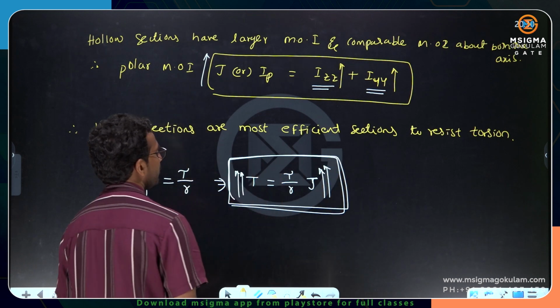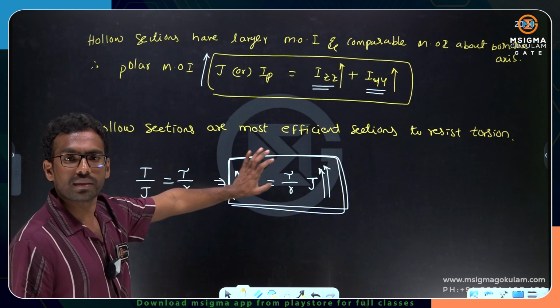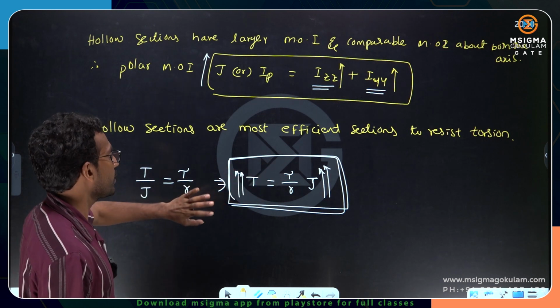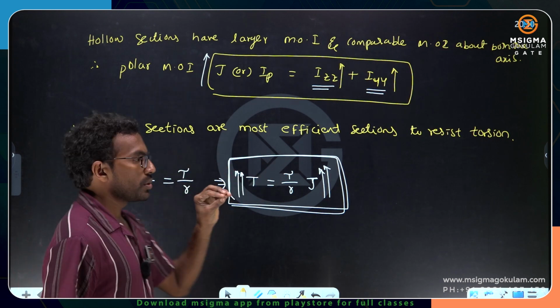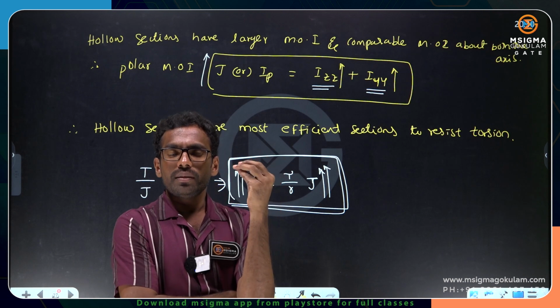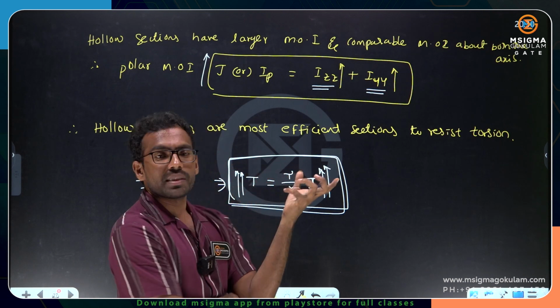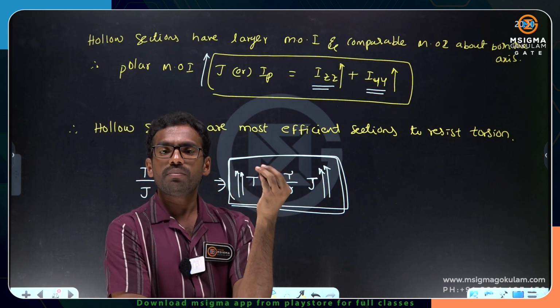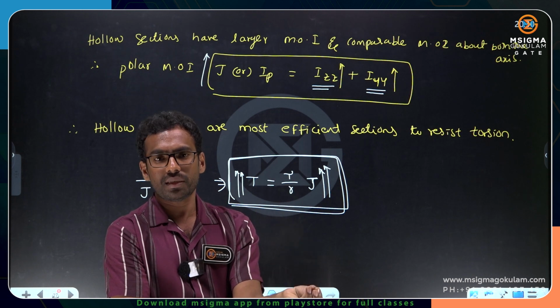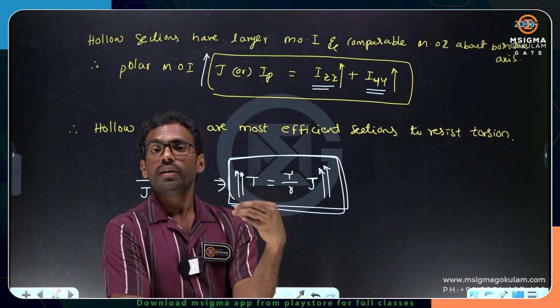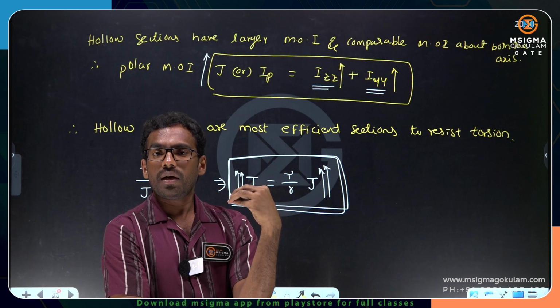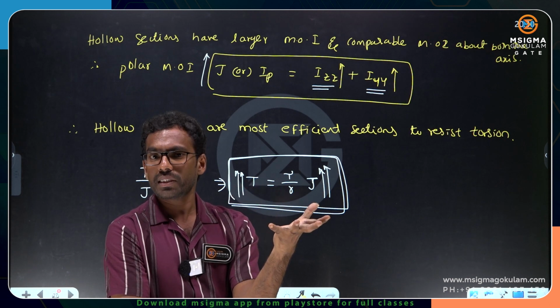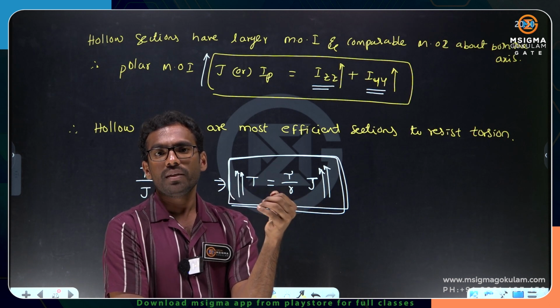More polar moment of inertia, more torsion it resists. It is clear to every one of you, I guess. So the important conclusion is, whenever they ask this kind of question in the exam, which of the following is the most efficient section to resist torsion? The correct answer is hollow sections are the most efficient sections to resist torsion.